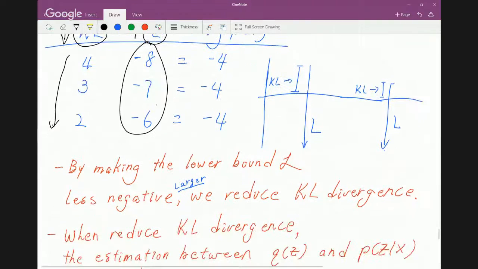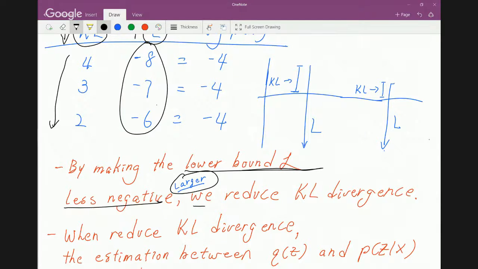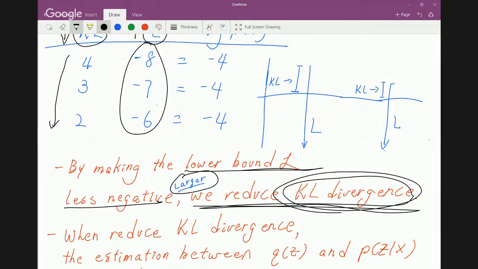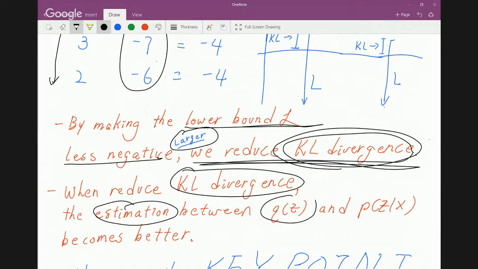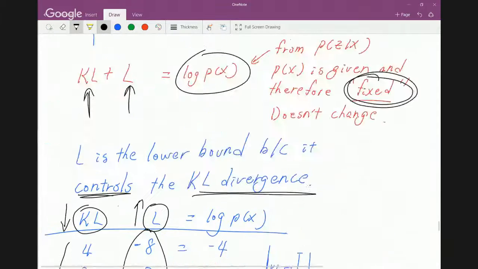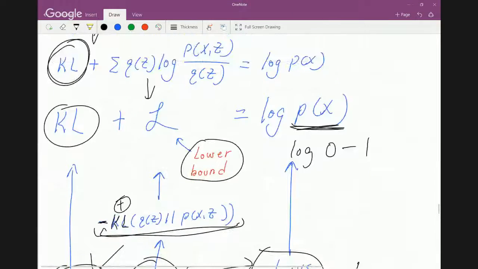So like I said here, by making the lower bound L less negative, or in other words, larger, we are simultaneously reducing the KL divergence. And when we reduce the KL divergence, the estimation between Q and P of z given x becomes better. Now remember, where was the KL divergence?